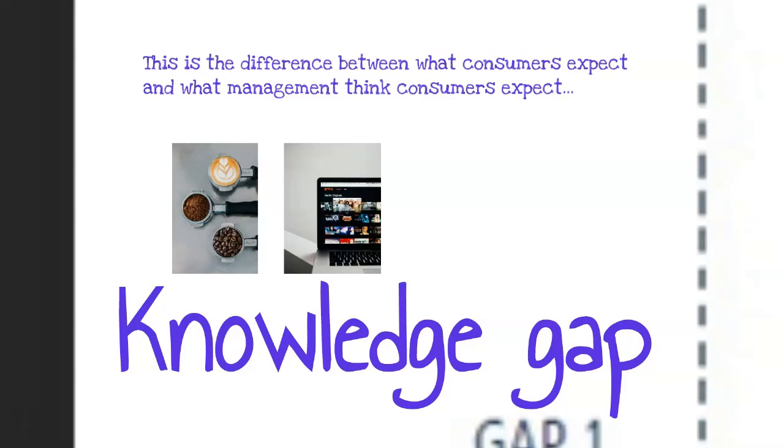Another example can be a streaming service. Let's take Netflix for an example, thinking that consumers only want or expect sci-fi or comedy, where they actually want crime documentaries and true crime stories.